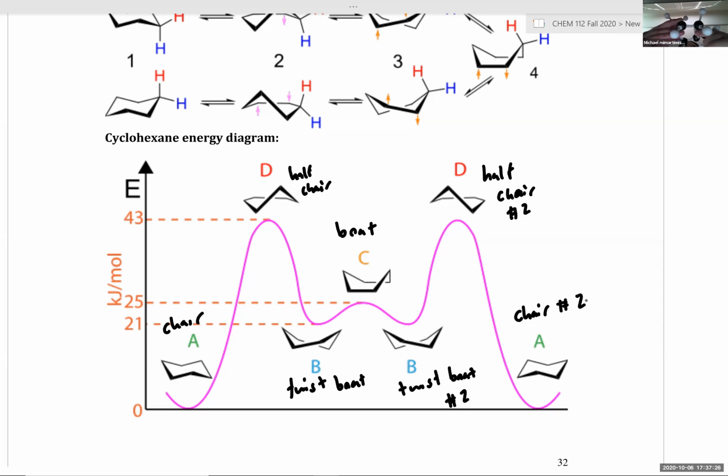Then we bring carbon number 1 down and we get our half chair conformation. And then we bring carbon number 1 down an additional time and we get our final chair conformation. You should be comfortable drawing out each of these intermediate cyclohexane ring conformations. Does that make sense to everyone?